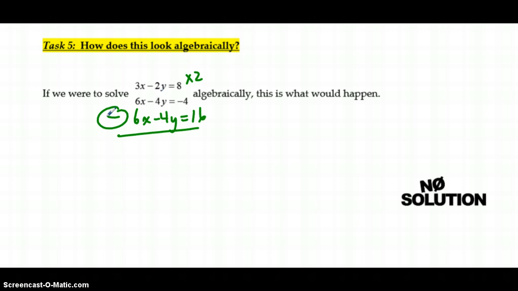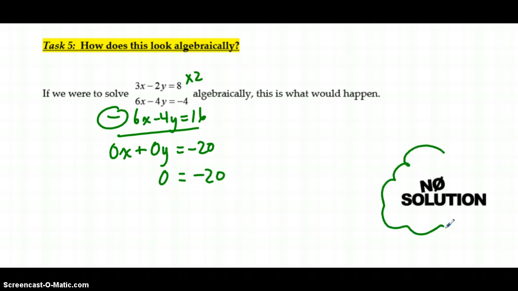Negative 4 minus negative 4 is like adding 4, so I get 0y, which of course is 0. And negative 4 minus negative 16 is negative 20. What ends up happening here is I lose my variables. When I subtract, I actually eliminated my x's, I had that 0x, and I eliminated my y's. We've eliminated both of them and we get this uneven equation here. This tells us that the lines are parallel and there is no solution.